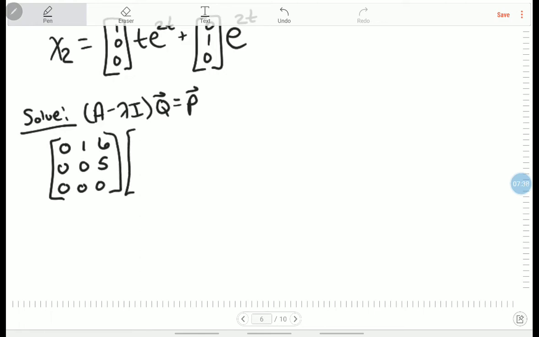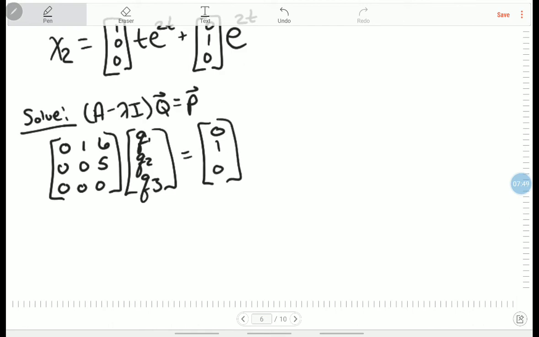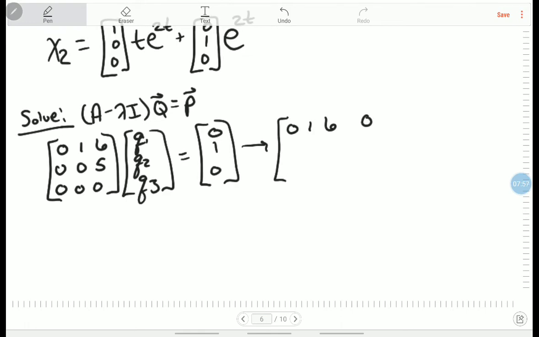We are now looking for q1, q2, q3. And we just found p as 0, 1, 0. If we write this as an augmented matrix, it would look like that. So now, to solve this, we're going to do RREF.